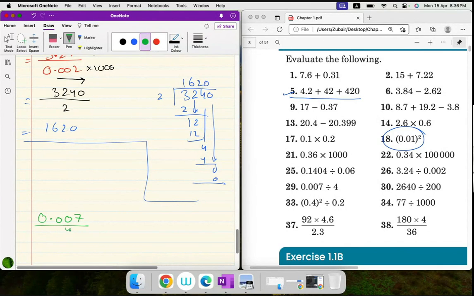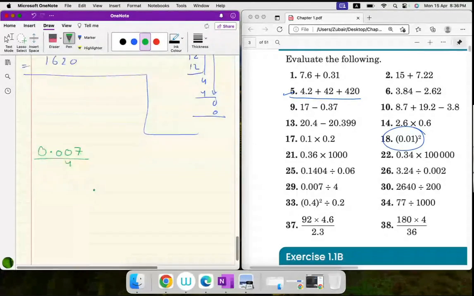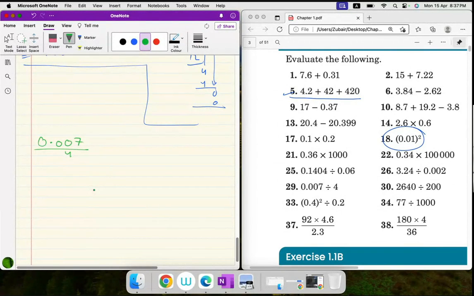0.007 by 4. 0.0000172. How many zeros? Three zeros. 0.123175.